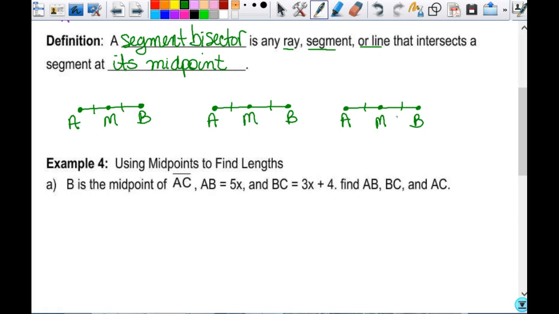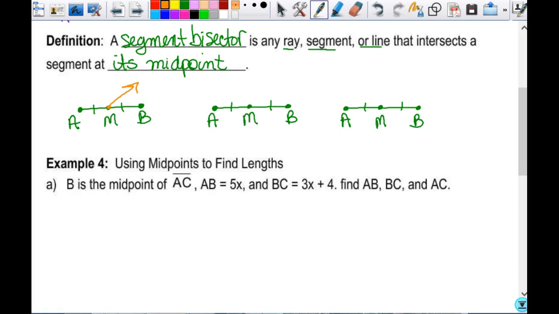So M is the midpoint of all of those. And a segment bisector can be a ray, a segment, or a line that intersects at that point. So I could have a ray that looks like this. This ray is the segment bisector of line segment AB.